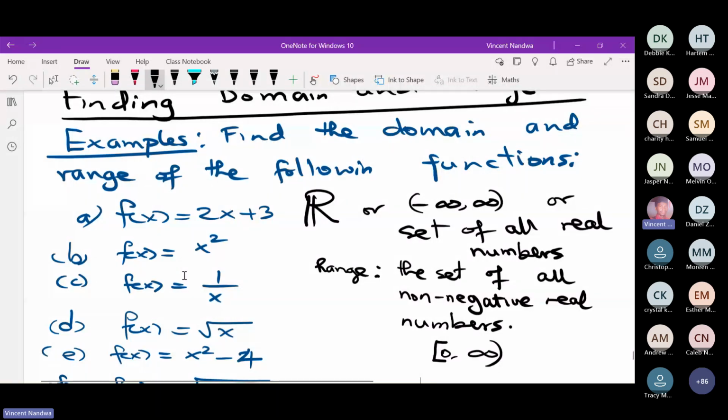Then f of x equals 1 over x. So take negative numbers, take 0, then take positive numbers and see whether they give a result or whether there are some which will not work.